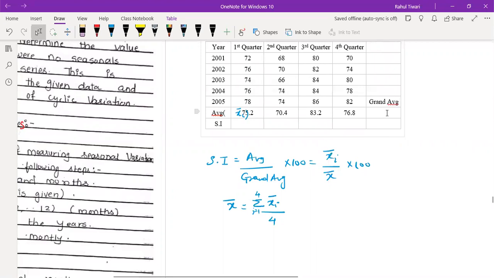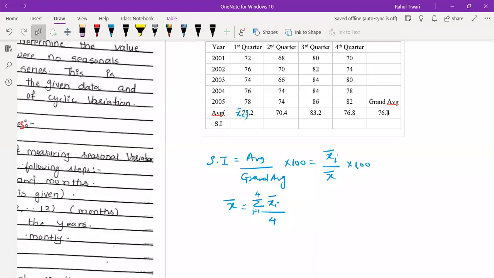This would be 305.6 divided by 4. Just 76.4, sir. Correct, 76.4.